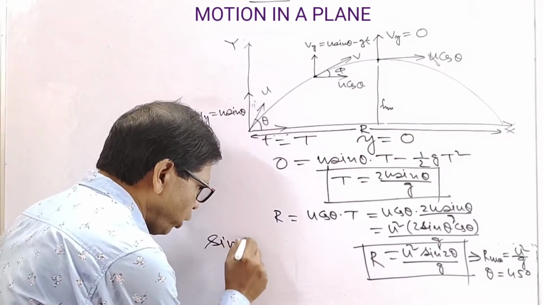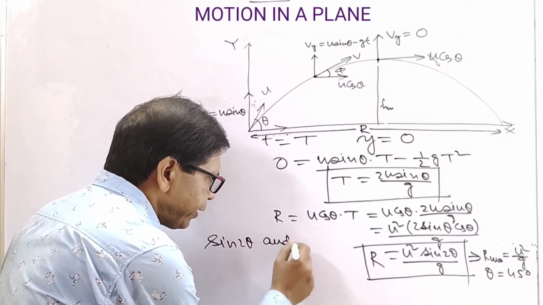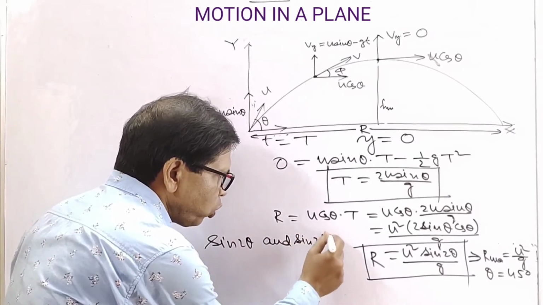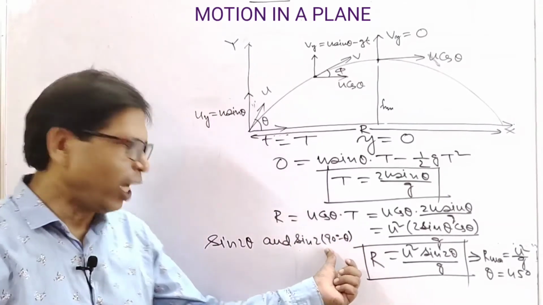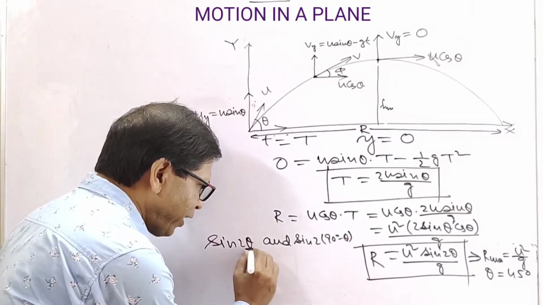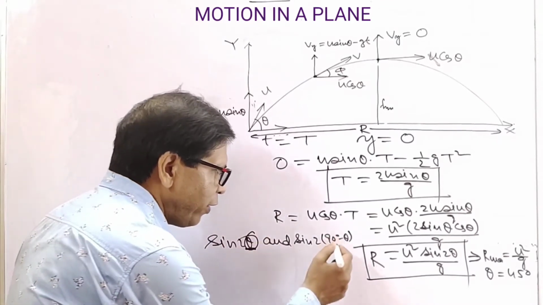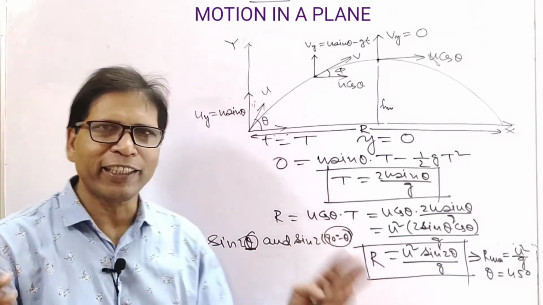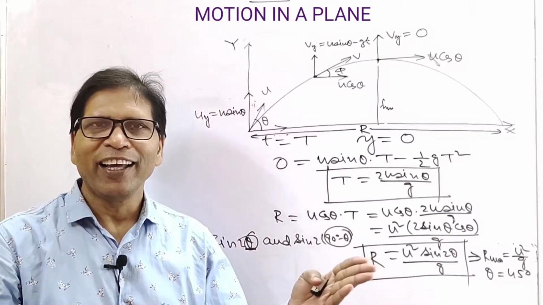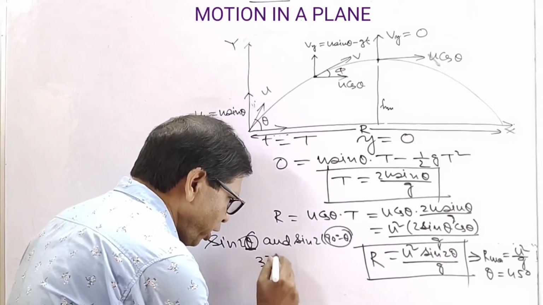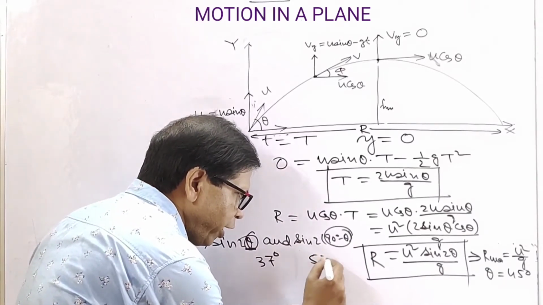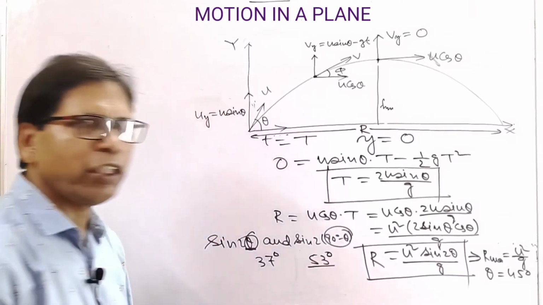Okay. Then we know sin 2 theta and sin 2 into (90 degree minus theta) are equal. Therefore the horizontal range at the angle of projection theta and 90 degree minus theta are equal. That is, the horizontal range at an angle of 37 degree is the same as the horizontal range at an angle of 53 degree.